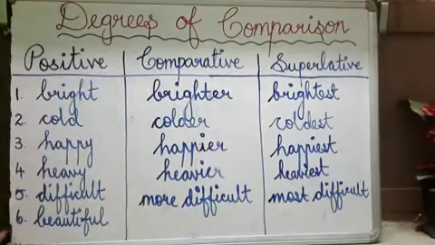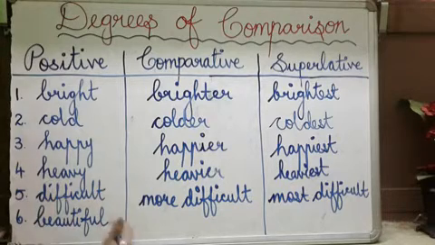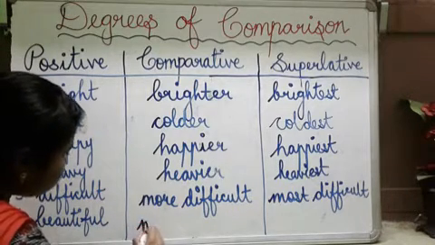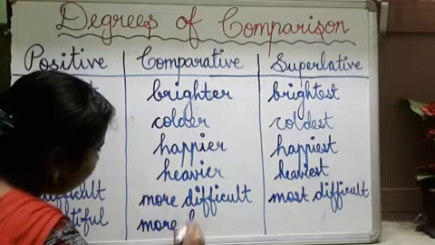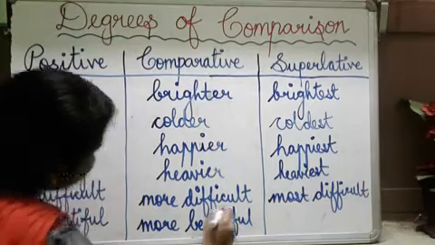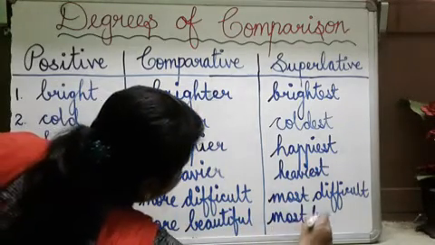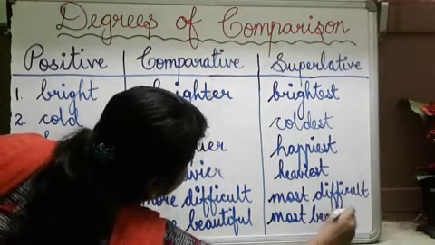Similarly for beautiful, how many syllables? Beautiful, 3 syllables. So more than 2, so you will use more beautiful in the comparative and most beautiful in the superlative.